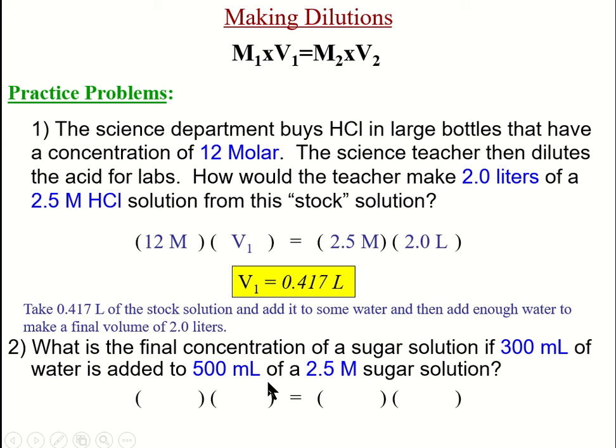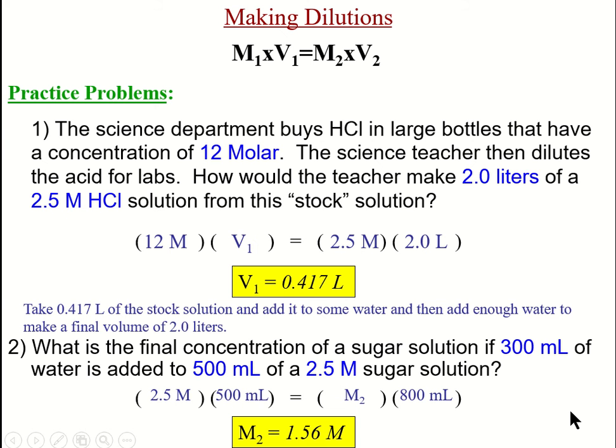I can also convert, but do remember that this number does have liters. The only reason that I can leave them in milliliters is because they are going to cancel one another out in this case. So again, this time I'm going to take 2.5 times 500, divide it by the 800, and I'm going to get a molarity of 1.56 molar.